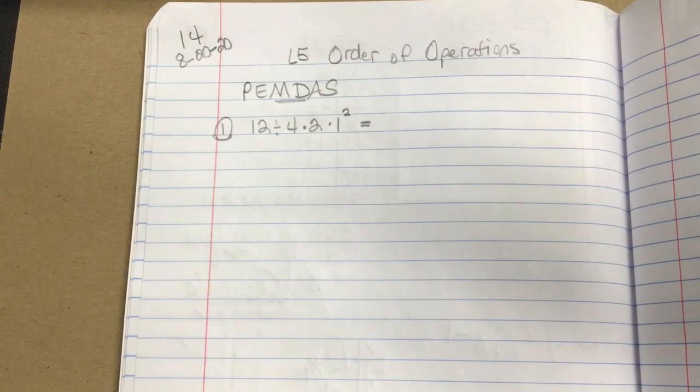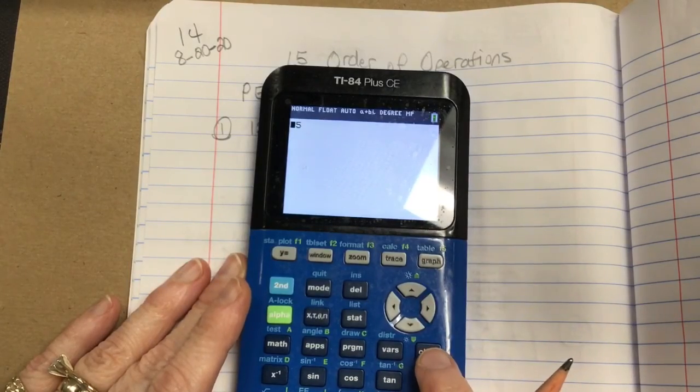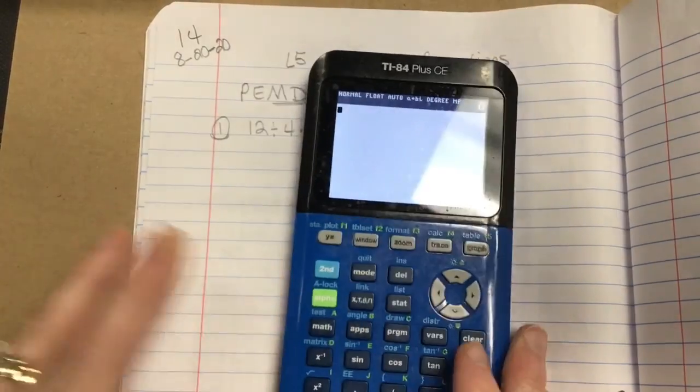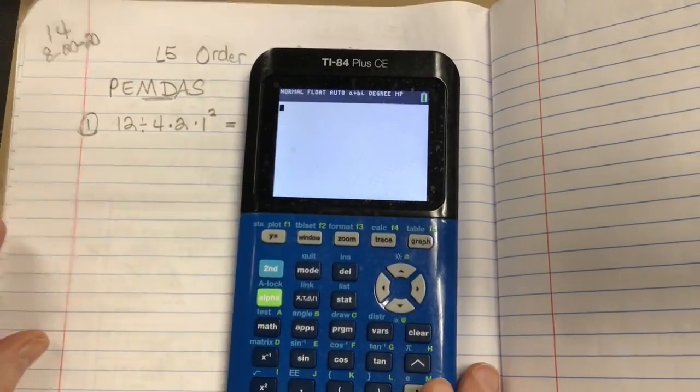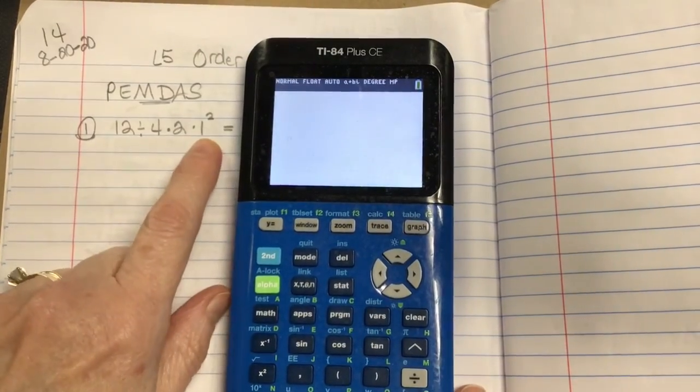What we're doing today is how do you do this on your calculator. So if you want to write the problems in your classwork, you're welcome to. You can just type them in. And we need to talk about how we can type these things. This one's pretty cool. We'll talk about a couple of ways that we can do power.